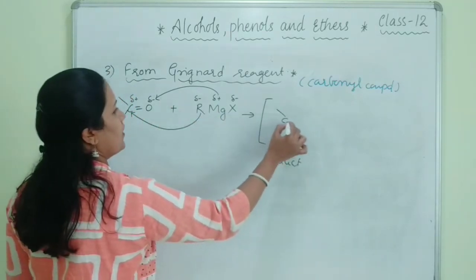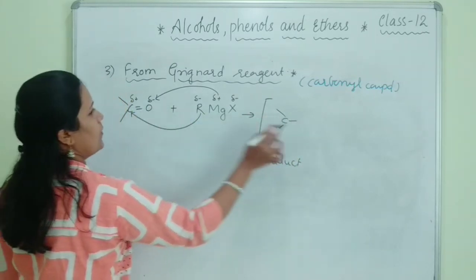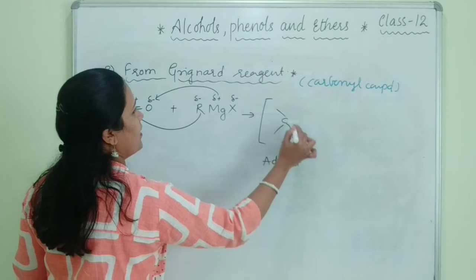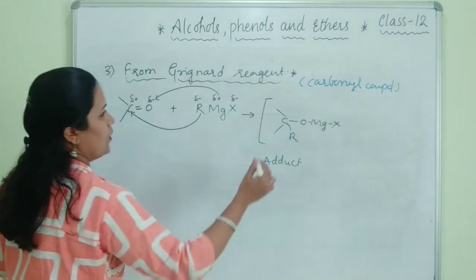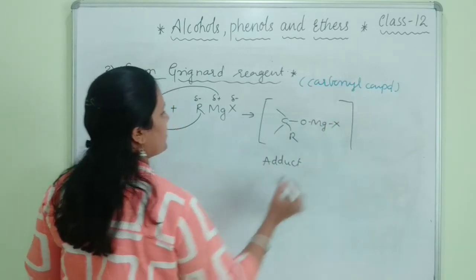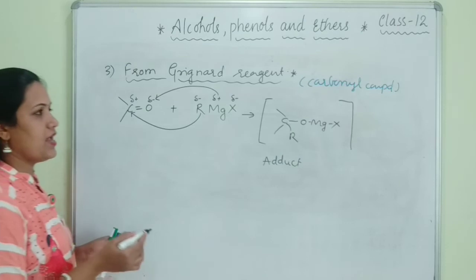Here the intermediate forms in this way, as one carbon attaches with R and the O attaches with MgX. So we get this as an adduct. Adduct means the intermediate formed in that reaction.